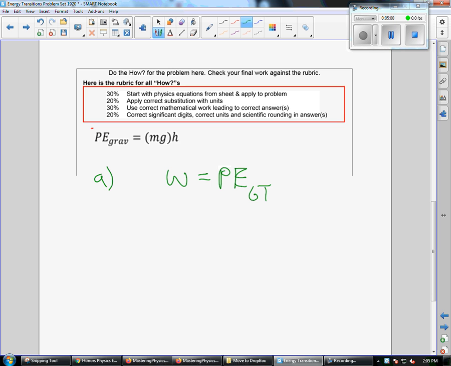So T for me stands for top. So, the work I do equals mgh, height at the top.